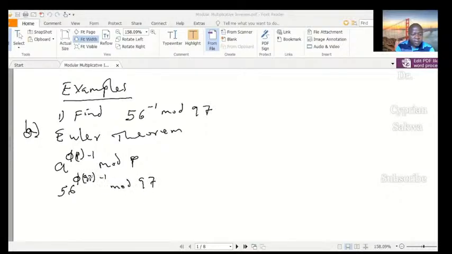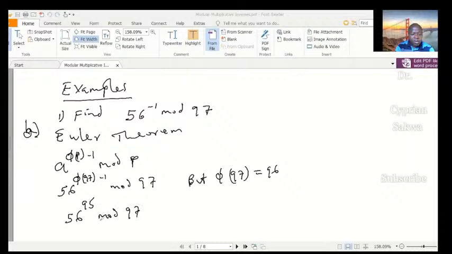But what is phi of 97? 97 here is this number is prime. So if it's prime, we know that phi of 97 is 96. And then that means that this inverse will then be given by 56 raised to 96 minus 1, which is 95 mod 97.